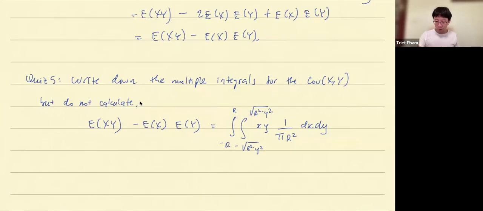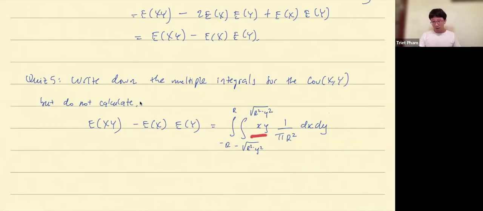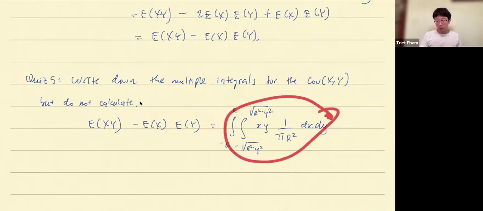Now, of course, if you anticipate that you will convert this to polar right away, you could write down x and y in terms of polar and rewrite this in terms of polar. It's up to you. But if you do rectangular coordinates, this is the expectation of x times y.